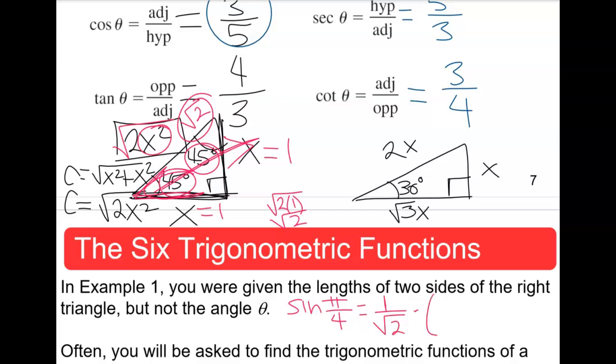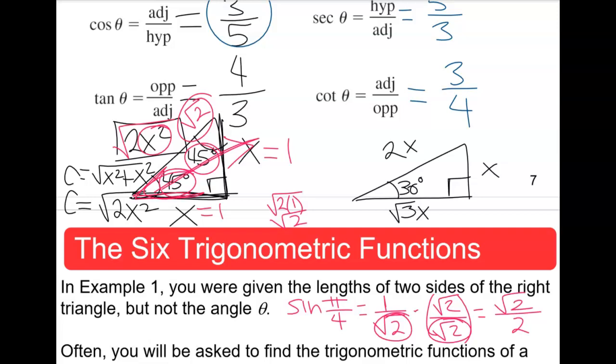Remember, we must rationalize the denominator, so we multiply by the square root of 2 again. Then we have the square root of 2 divided by the square root of 2 times the square root of 2. We discussed that it will be the square root of 4, or the square root of 2 squared, which just simplifies to 2. And that is the same thing that we got with the unit circle.